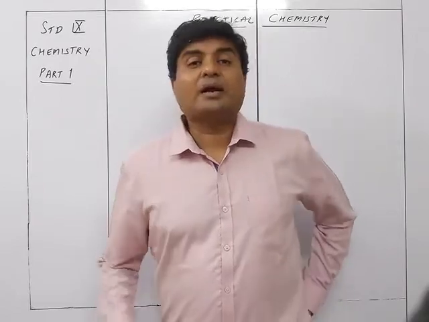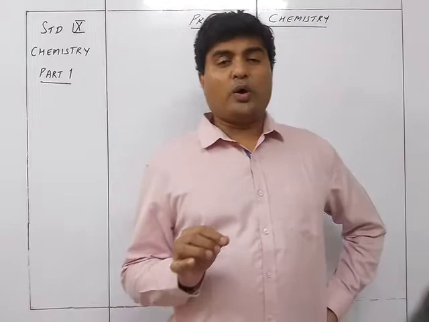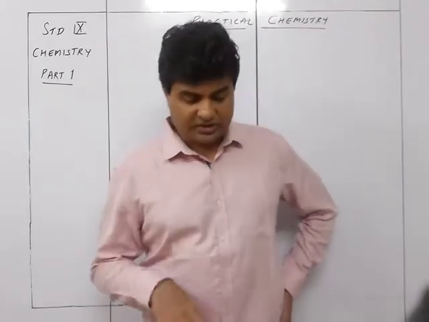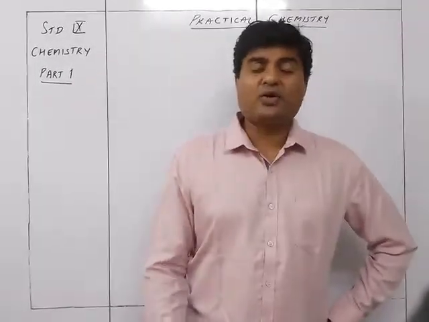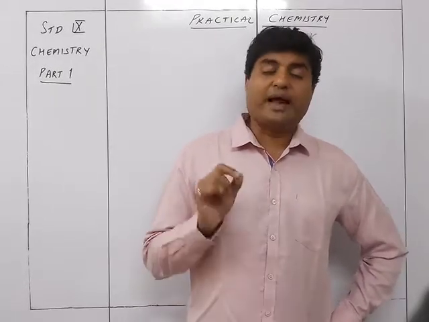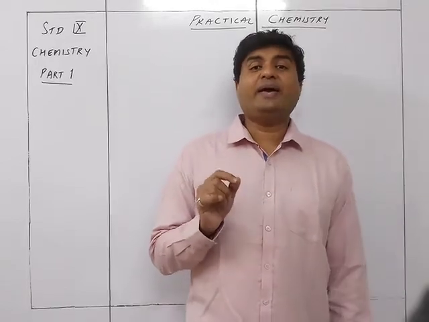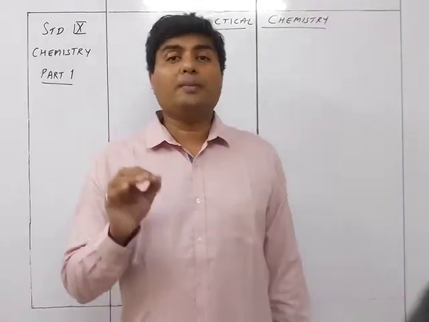Another thing is that when carbon dioxide comes in contact with lime water, which is calcium hydroxide, it forms calcium carbonate, a white colored precipitate. That's why it turns lime water milky.